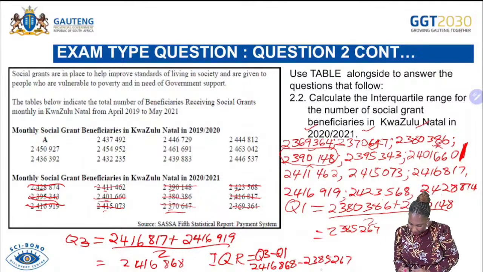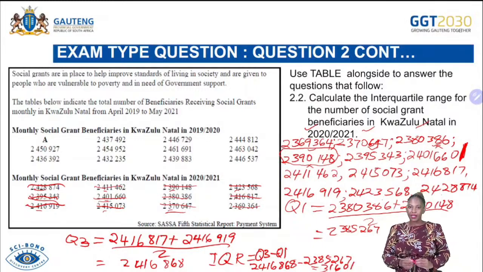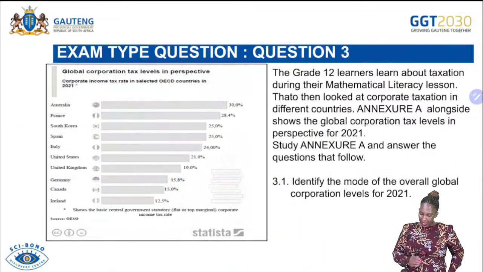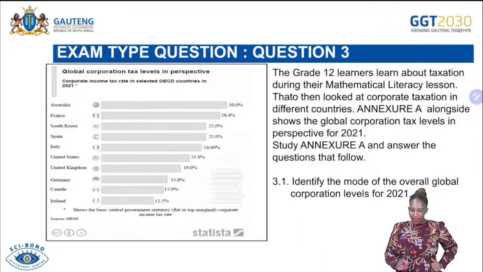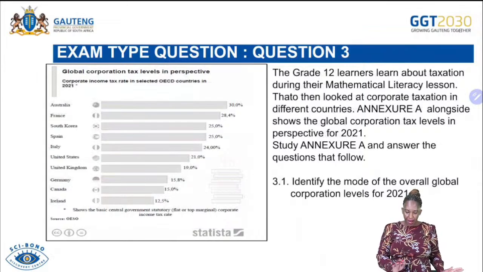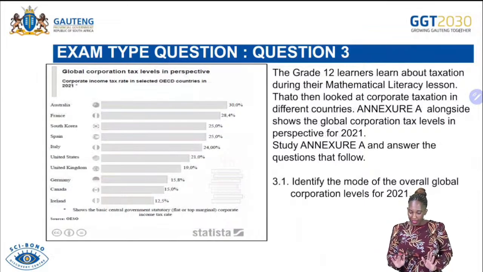Then I get my answer to be 31601. That is my IQR. So boys and girls, this is also an exam type question, whereby you can calculate or determine the interquartile range.